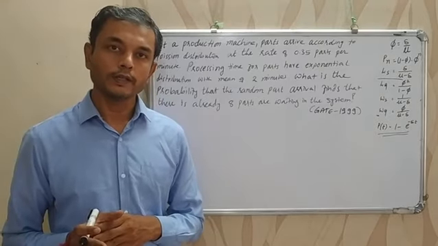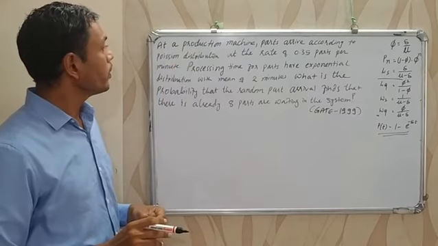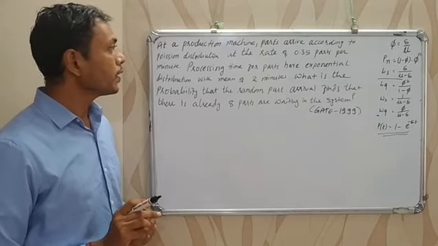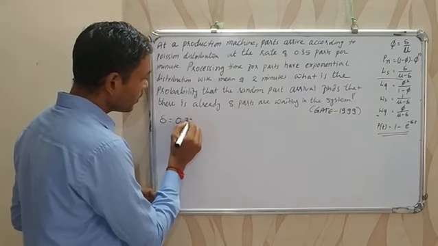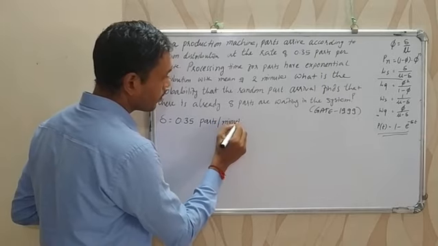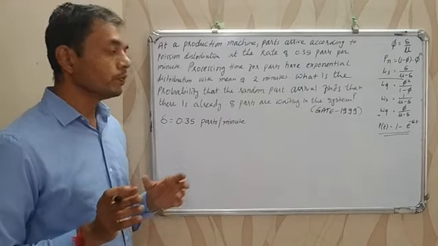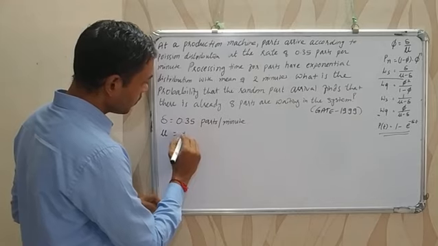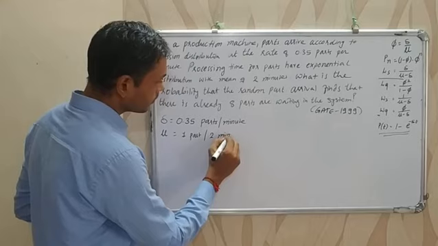Now let's see another example. At a production machine, parts arrive according to a Poisson distribution at the rate of 0.35 parts per minute. So the arrival rate, delta, is equal to 0.35 parts per minute. Processing time for parts has an exponential distribution with a mean of 2 minutes. So we can say the service rate is 1 part per 2 minutes.